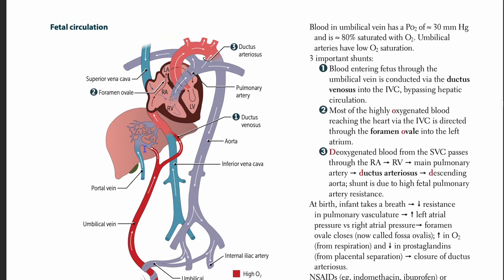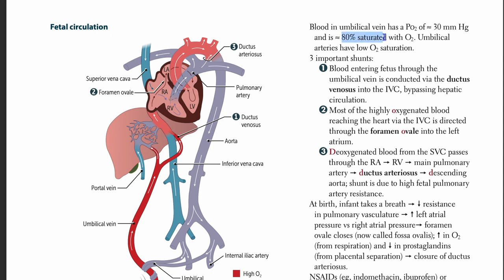It'll come to me as we go along. So let's read this. Blood in the umbilical vein has a PO2 of approximately 30 mmHg of pressure and is approximately 80% saturated with O2. Umbilical arteries have low O2 saturation.